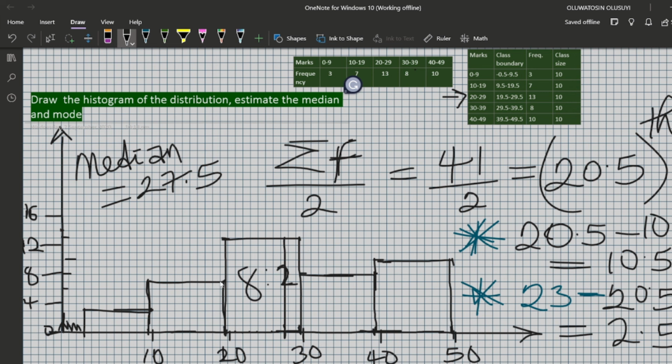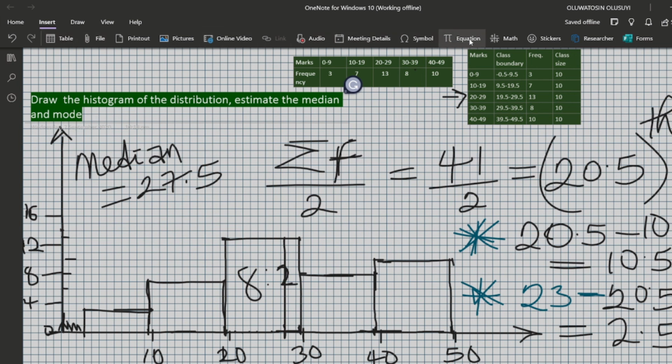The mode is the simplest. Just draw a straight line like this. I would like to get a straight line. Let me see. It's like I'm not getting a line, but no problem.